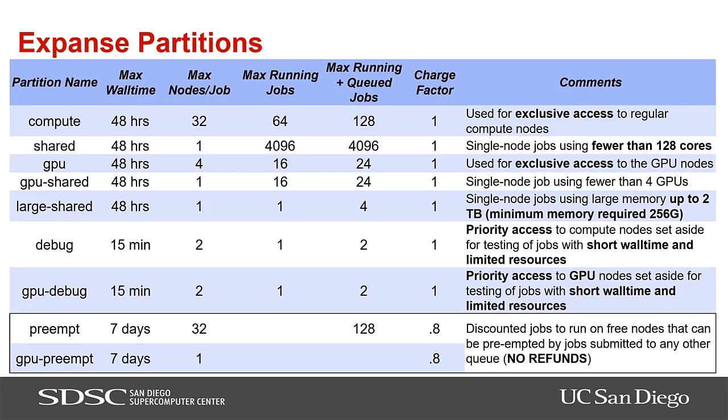First, the good: in the preempt queue, you can run for 7 days, which is significantly longer than you can run in any of the others. On the flip side, there are no refunds regardless. The other thing to note is that in preempt, as with a compute or GPU request, you'll be charged for the entire node, since we allocate in full nodes.